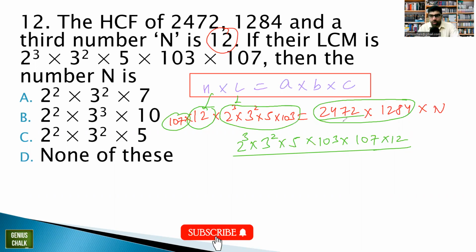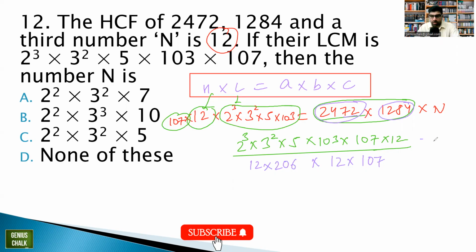Now, if this goes in division, this will be like 2472. Because it is divisible by 12, 12 twos are 24, and 0, and 12 sixes are 72. Similarly, this also cancels by 12: 12 ones are 12, and 12 sevens are 84.